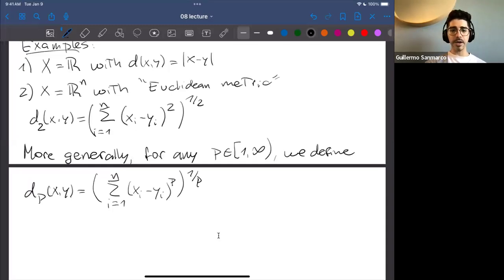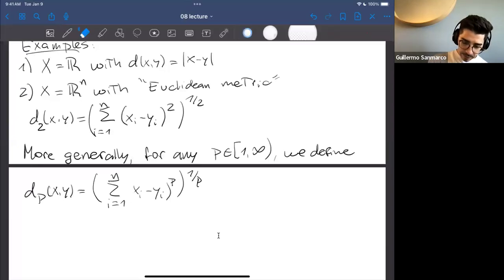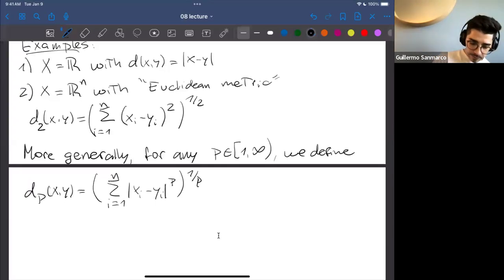For the triangle inequality, I will not prove it. Sorry, there's a typo here. If you want to see why the triangle inequality is true, I don't expect you to prove this, but in the case p equals 2, that's something you should know how to prove.